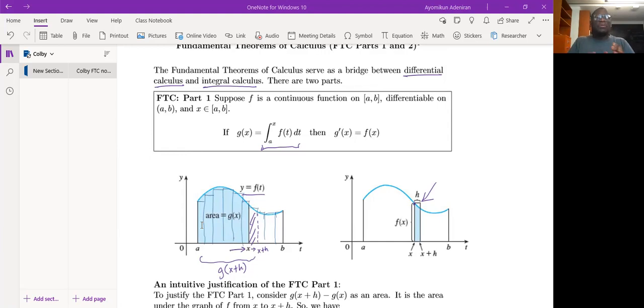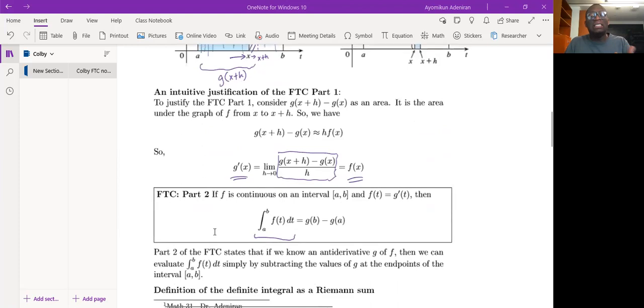Now notice that if I refine this by adding more rectangles in there, then I would get an even better approximation. If I made this smaller, you see that I close up the gaps, and then I have a closer approximation. And the more I do that, the closer I get. And so that's why that is a limit problem.